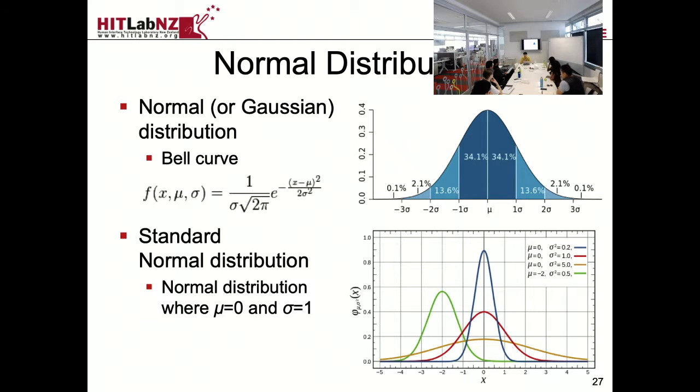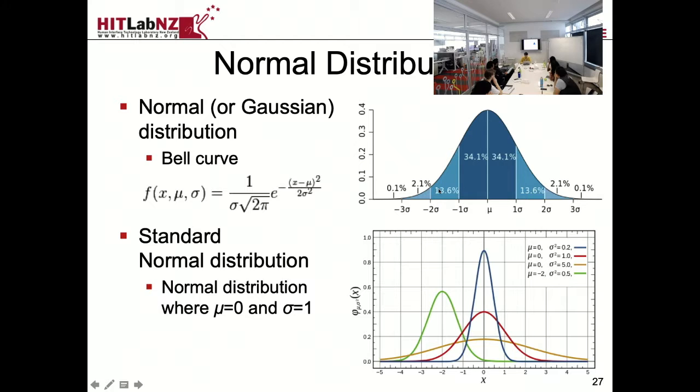When we draw a value around here, a certain value around here has about 68% of a chance, right?